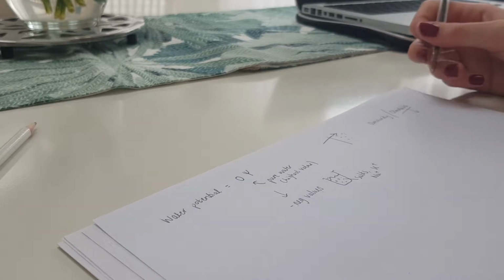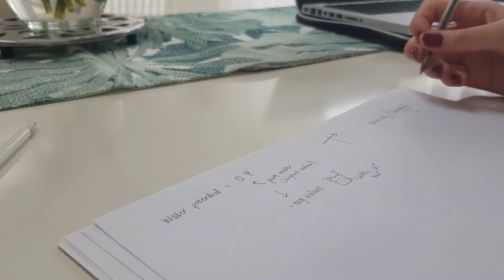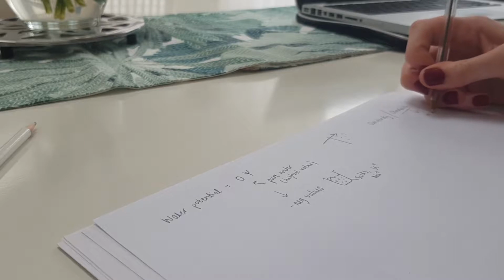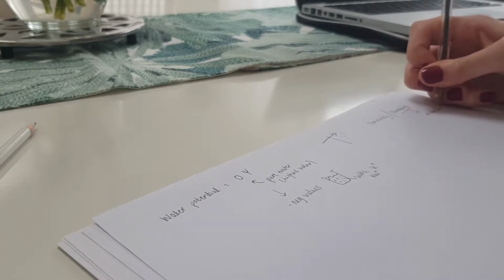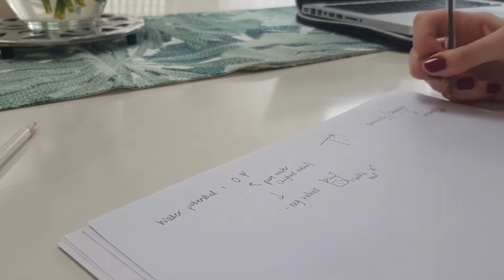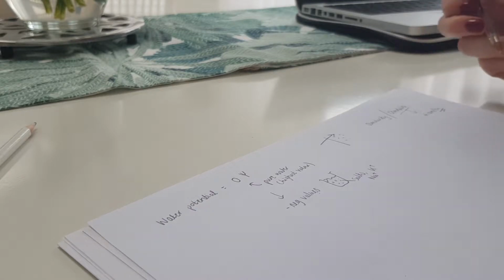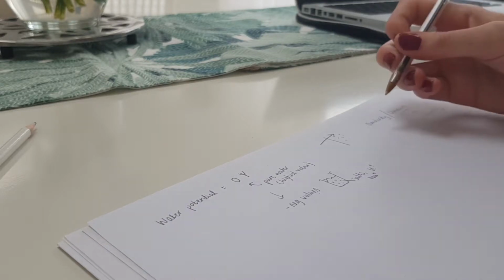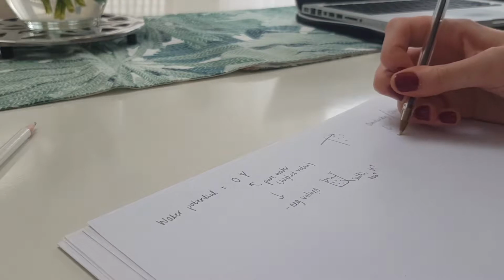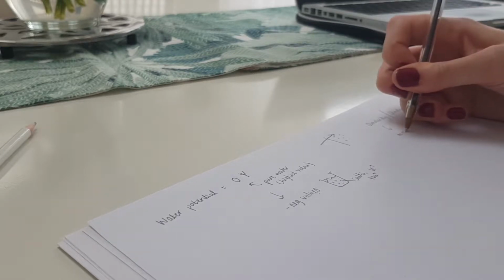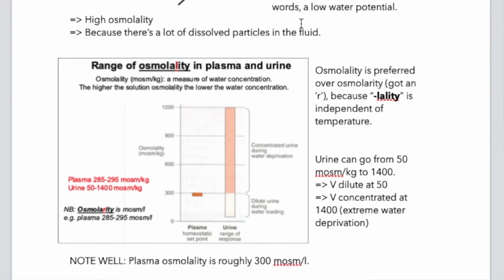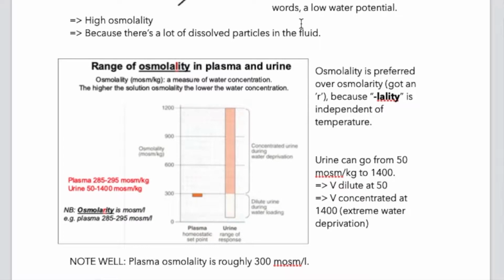This is the one where the values are something like milliosmoles per kilogram, so it's to do with mass, whereas osmolarity is to do with per litre, so milliosmoles per litre, and that's affected by temperature. So that's why we prefer to use osmolality.